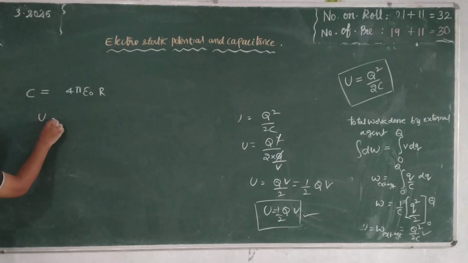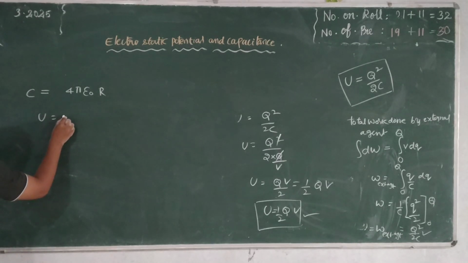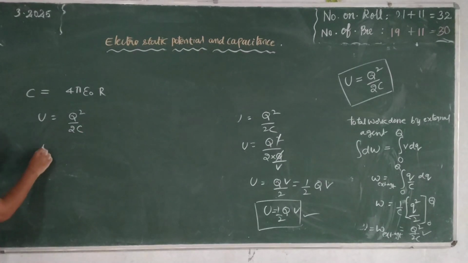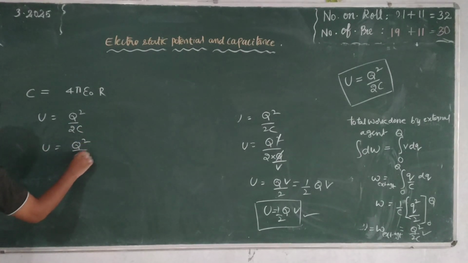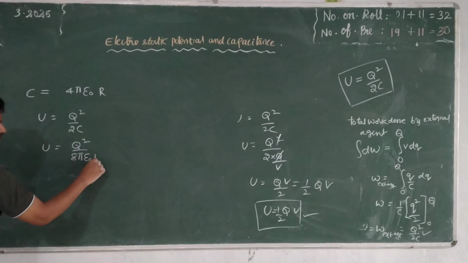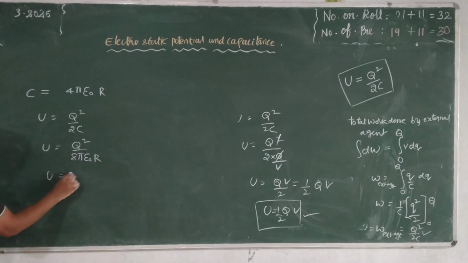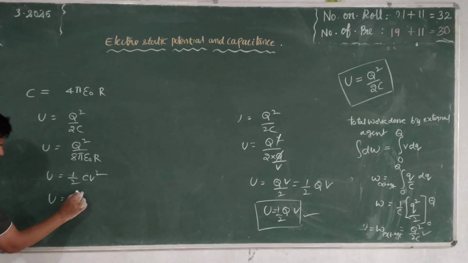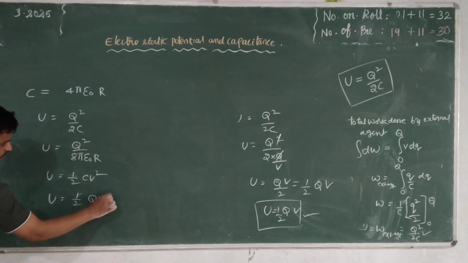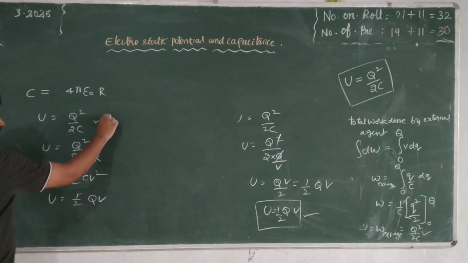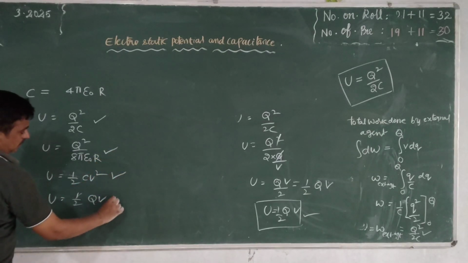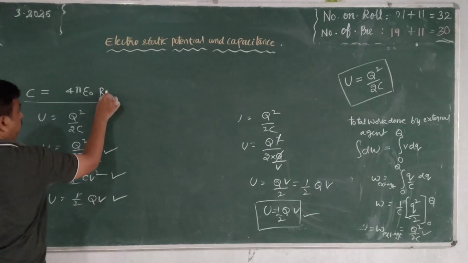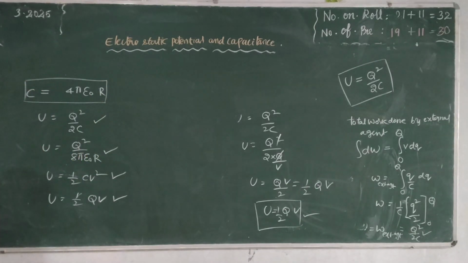Potential energy is q square by 2c, or u equal to q square by 8 pi epsilon naught r, or u equal to 1 by 2 c v square, or u equal to 1 by 2 qv. These are the electrostatic potential energy of spherical capacitor. Now, what is the main disadvantage of the spherical capacitor?